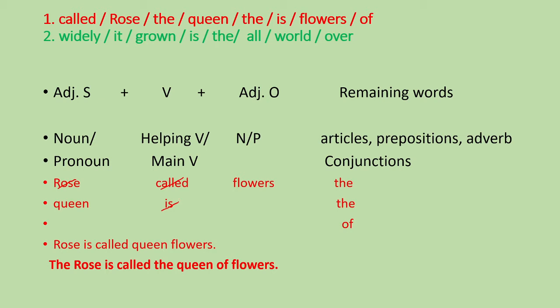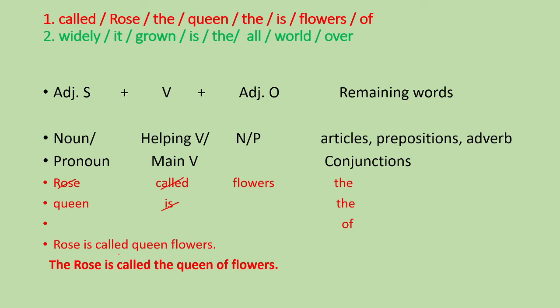Now after that we are left with queen and flowers. Queen is also a noun, and flowers is also a noun. One will be subject, one will be object, or we have to choose how these are connected in the sentence. Rose is called queen, flowers, it is not making sense, so we have to adjust these words in between.